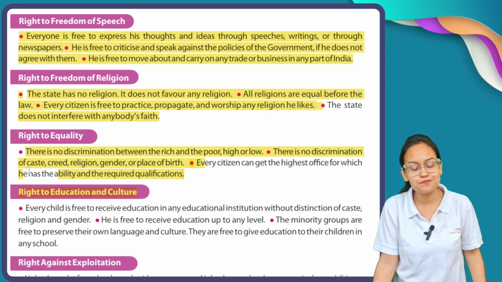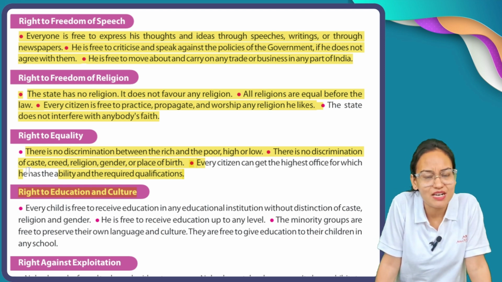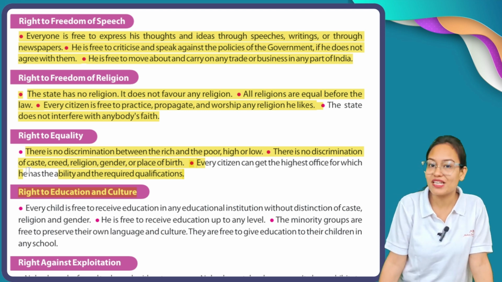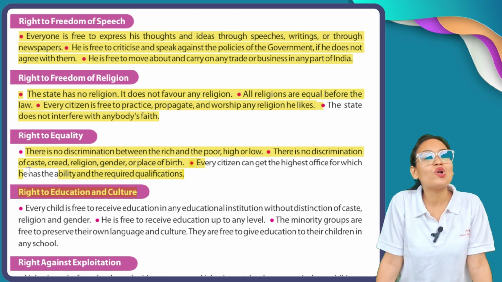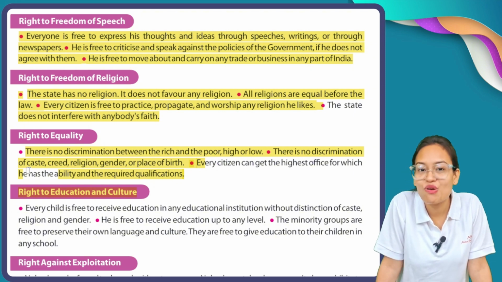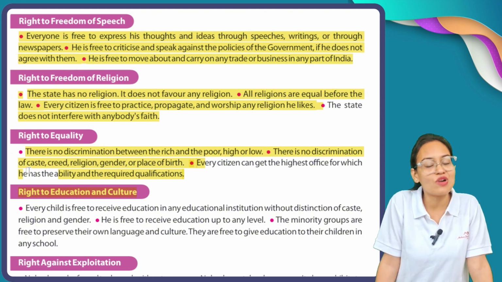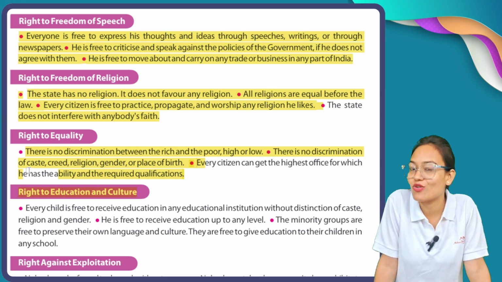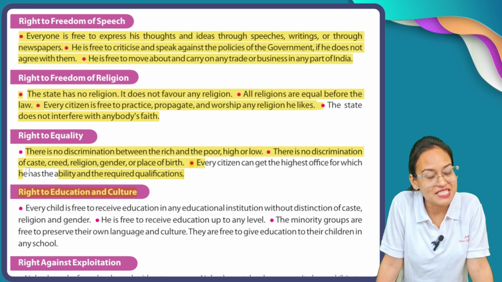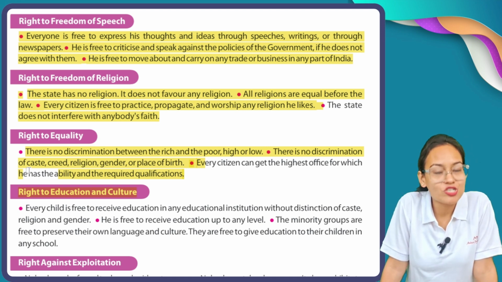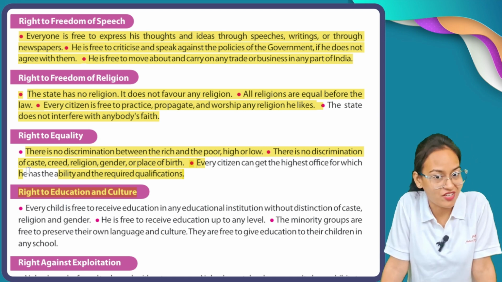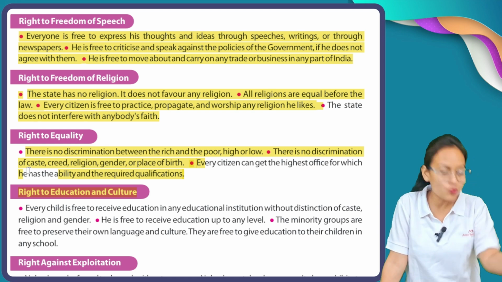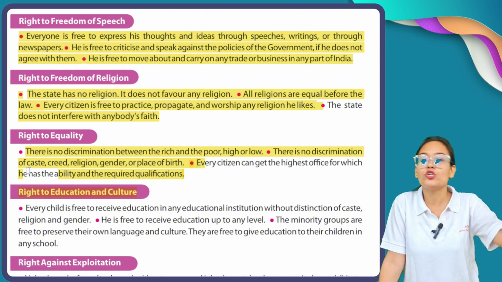Now you can see every citizen of India, my dear students, has the right to get their respective place. For example, you all know about UPSC. Even if you don't know UPSC, you are well aware of IAS officers and IPS officers. All these examinations are conducted by UPSC every year. Suppose a person belonging to a particular caste topped UPSC.